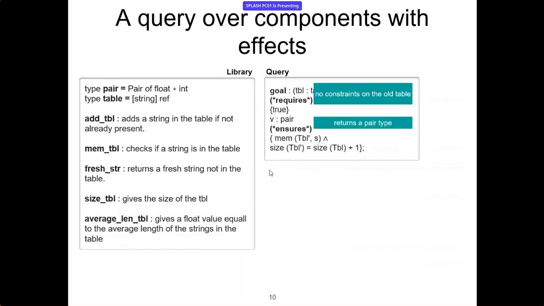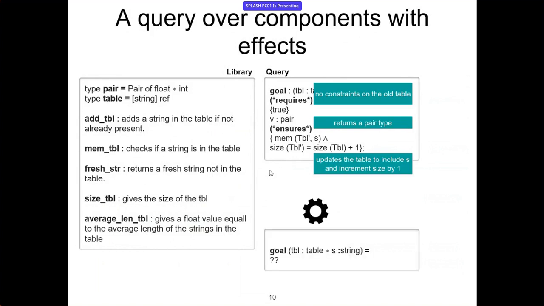It returns a pair type, and it ensures that the updated table has S as an element of the table, and the size of the table is incremented by 1. So this is a very simple query which can come to your mind: I want to insert a string S and increase the length of the table. So at this point, what could be a possible solution to this particular query?